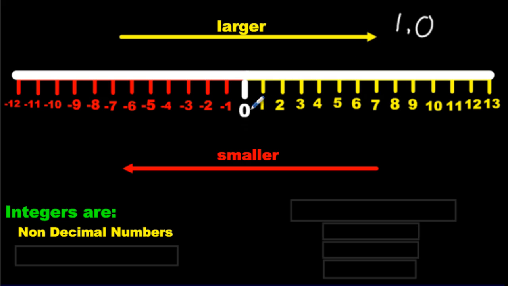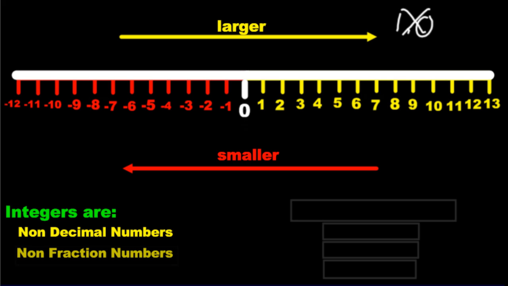But this one is an integer and this one is not an integer because we see a decimal value. Now I know some of you are thinking that, well, the 1 does have a decimal, but we can't see it. That's exactly right. The decimal is sitting there, but because it's not shown to us, that makes this number an integer.